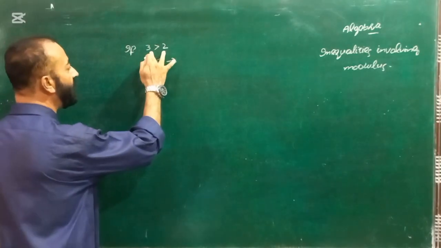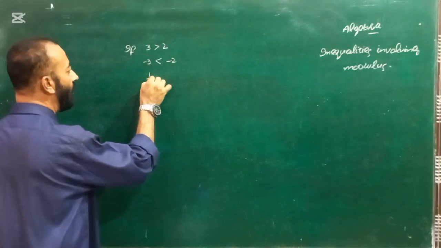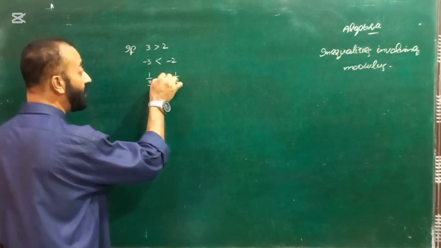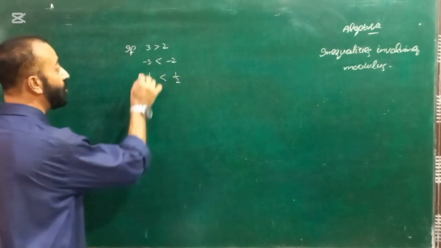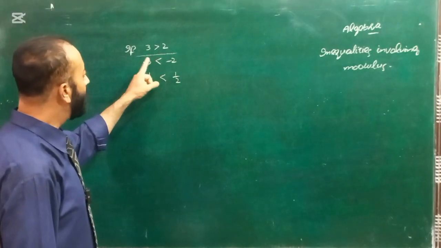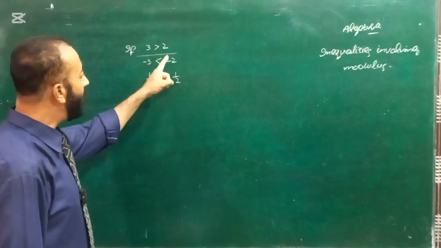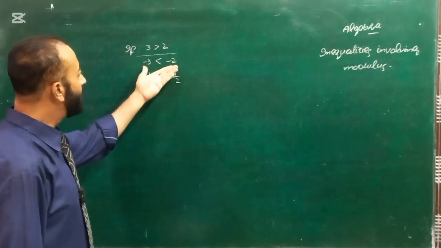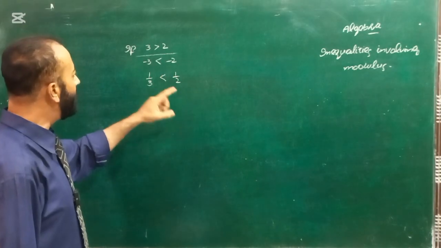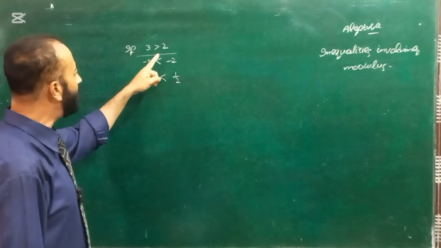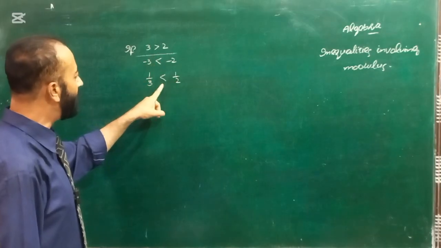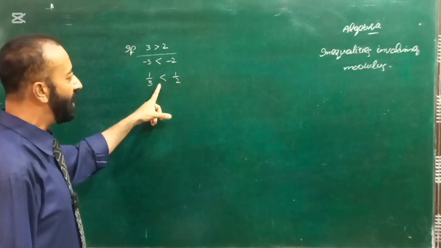And the second, if we take the reciprocals of the inequality, that is 1 by 3 and 1 by 2, then again the sign will be reversed. So these are the conditions.